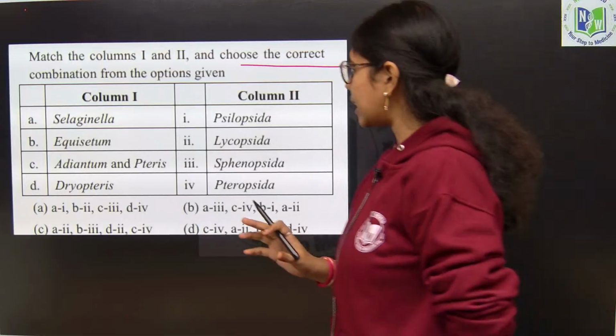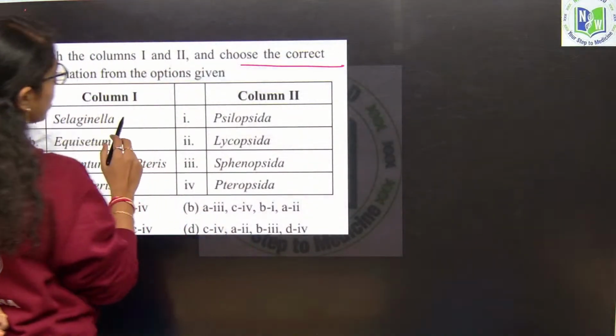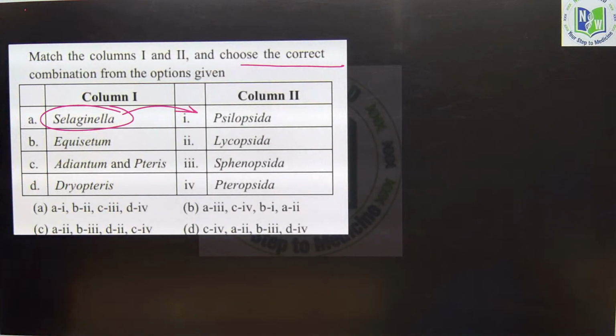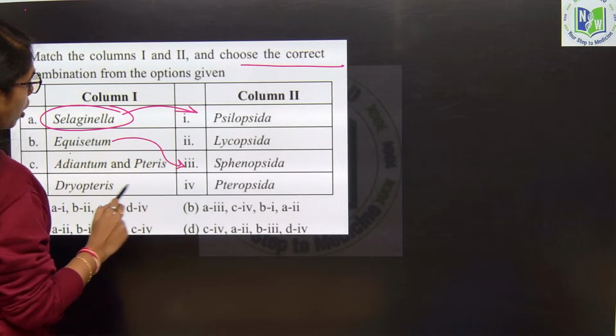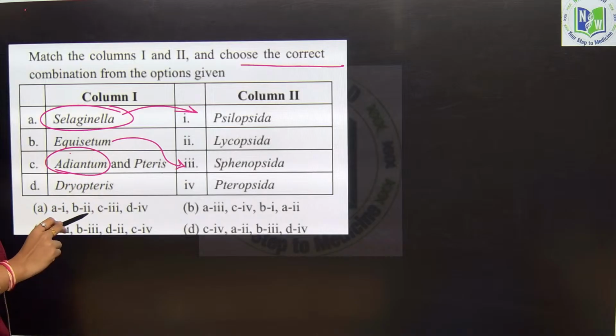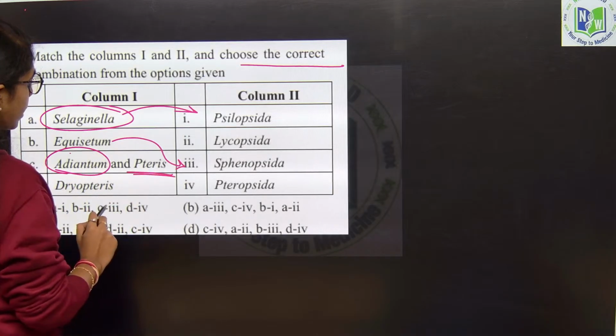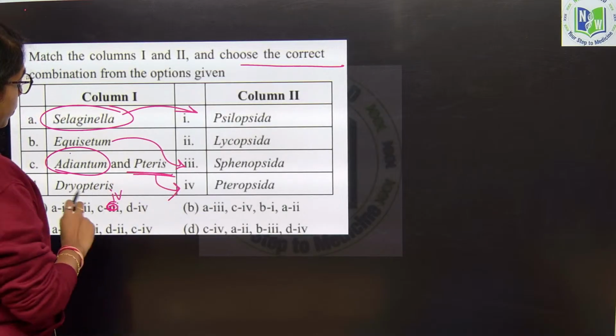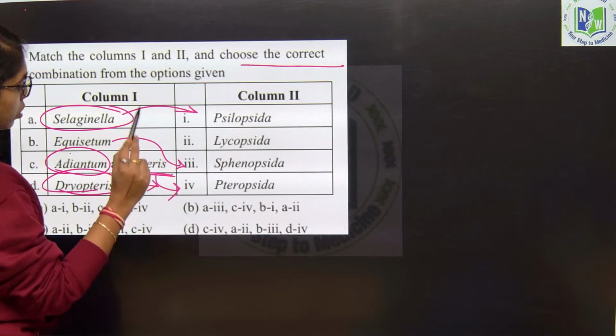First, Selaginella. Selaginella belongs to the class Lycopsida, okay. And then Equisetum. Equisetum belongs to what? Sphenopsida. Adiantum and Pteris belong to Pteropsida. Dryopteris also belongs to Pteropsida.